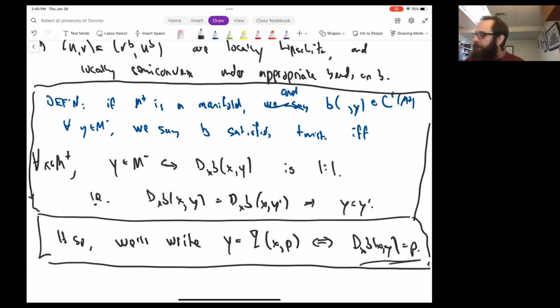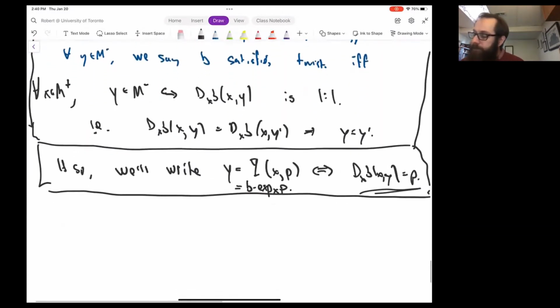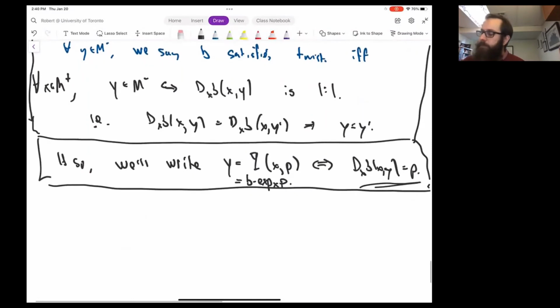So if this map is invertible for y as a function of x and p, we'll call the inverse capital Y. It's also called, in some parts of the literature, the B exponential from x of p.